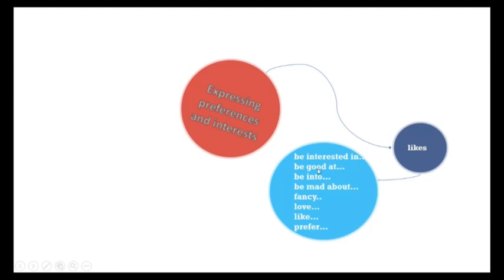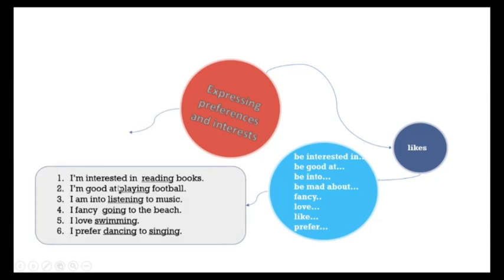Be interested in, be good at, be into, be mad about, fancy, love, like, prefer. I'm interested in reading books. I'm good at playing football. I'm into listening to music. I fancy going to the beach. I love swimming. I prefer dancing to singing.